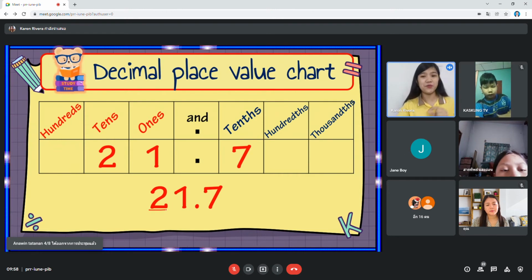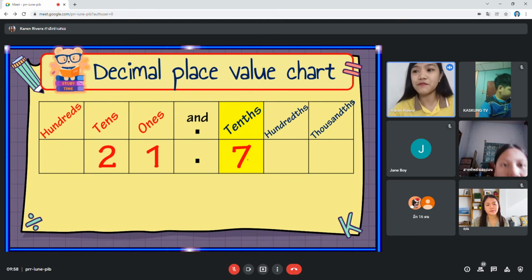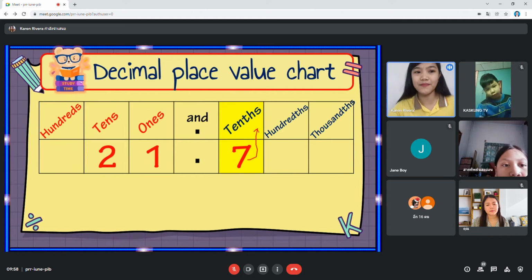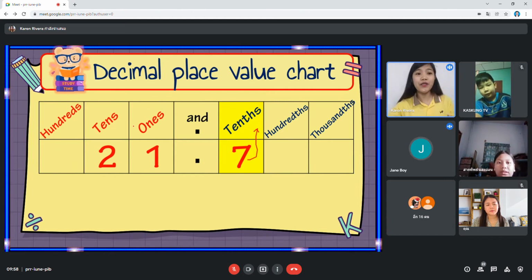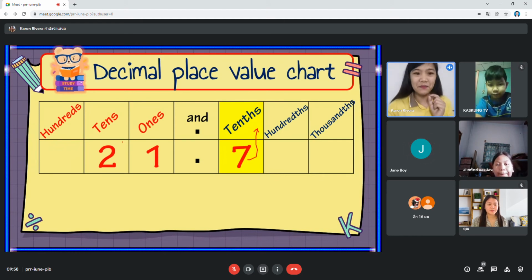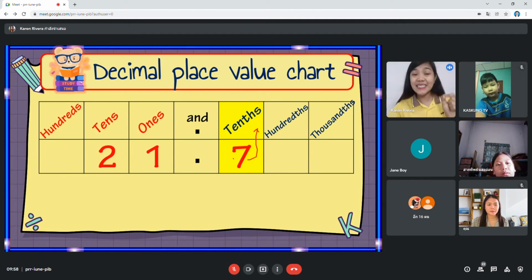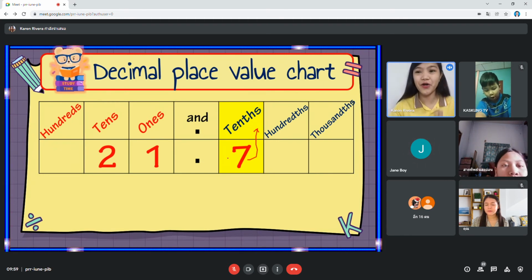Okay, very good, Group 6. Now, after knowing the place value, look at the place value of 7. So when you will read that, let's see if Kasanapon is correct. What is your answer, Kasanapon, again? 21 and 17.